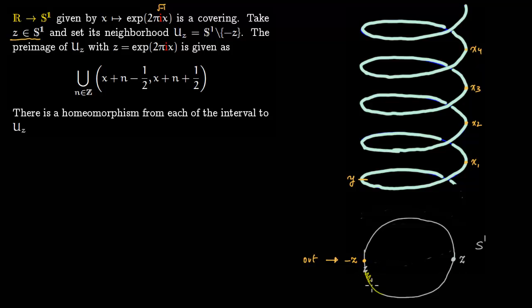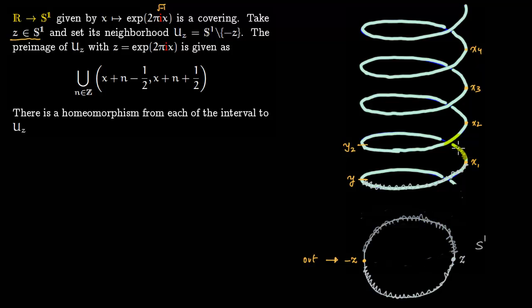So this is the neighborhood here. So this portion gets lifted right here, and then you have this top portion which will get lifted all the way to the next point which gets mapped to minus z. So now we want to talk about this portion.